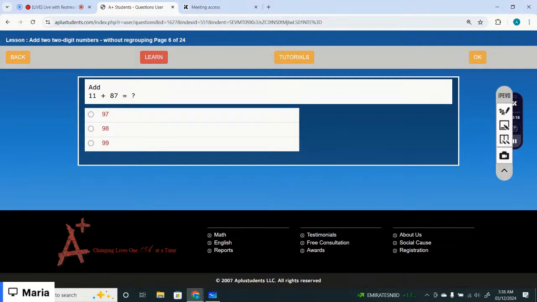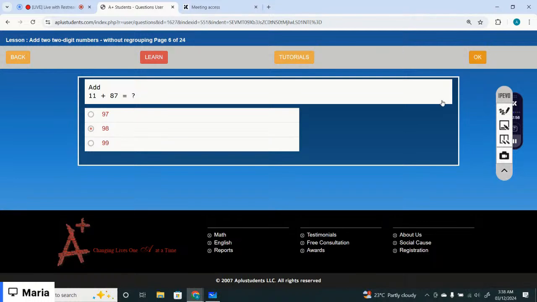87 plus 11, which is the correct option? 98 it is.